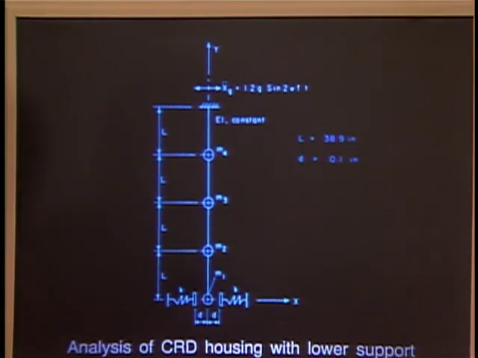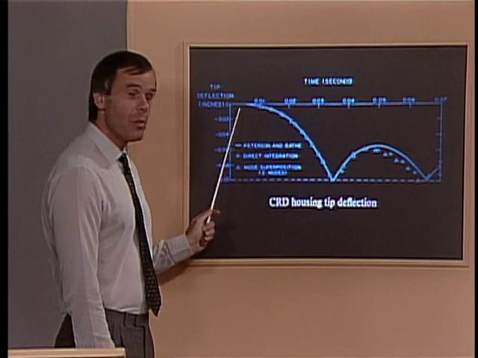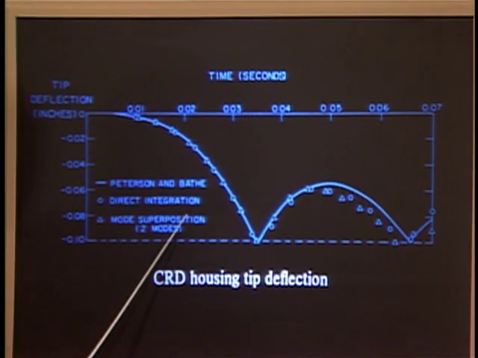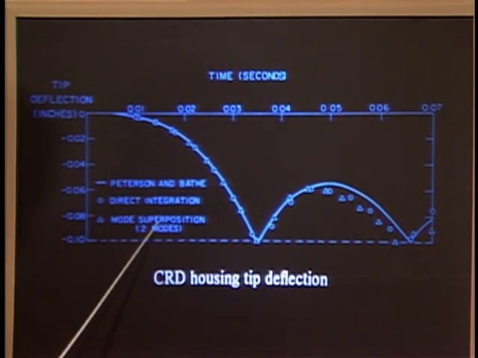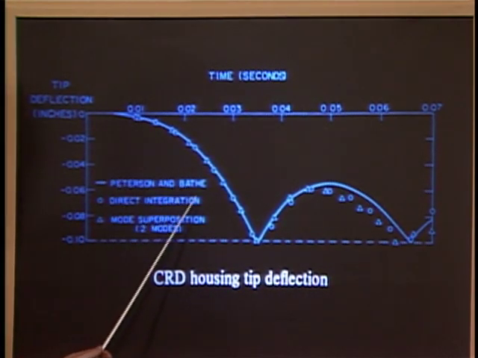On the next slide, we see now the solutions obtained. We obtained a solution using direct integration and using a mode superposition analysis, including 2 modes. These 2 solutions are compared with a solution that was reported at some earlier time by Peterson and myself.